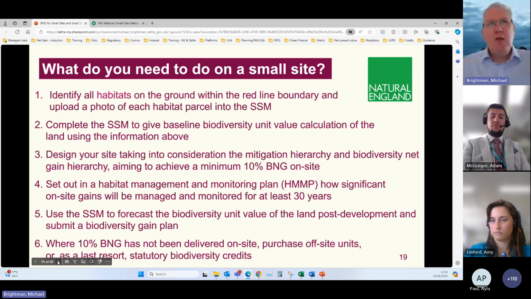Then they use the same small sites metric to forecast the biodiversity unit value of the land post-development and subsequently submit a biodiversity gain plan. Where 10% biodiversity net gain isn't delivered on site, there's the requirement to purchase off-site units or, as a last resort, statutory biodiversity credits.